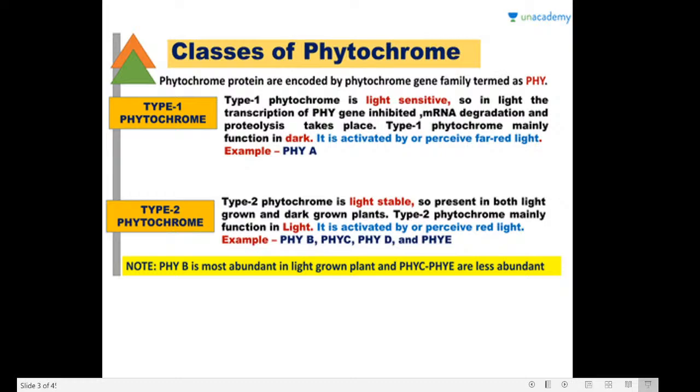Due to the inhibition, mRNA degradation happens, and this mRNA degradation leads to a proteolytic process. In type 2 phytochrome, that is light stable, it takes up the light and it is helpful for the growth of the plant.